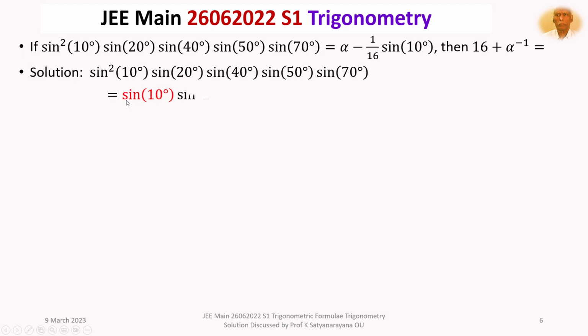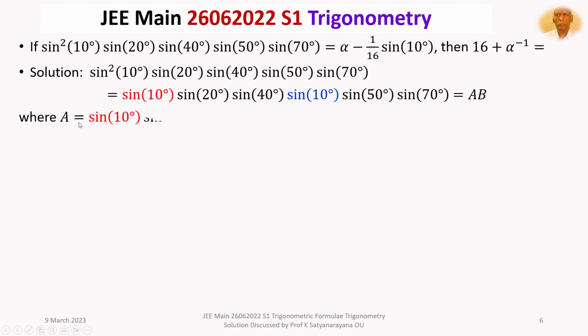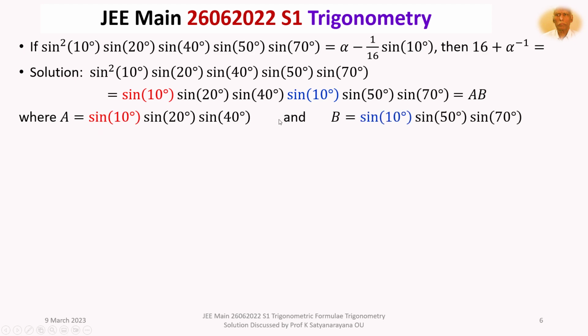So it is sine 10 degrees into sine 20, sine 40, and the one more sine 10 that is left is written here, sine 10 degrees into sine 50 degrees into sine 70 degrees. The product of the first three is A, the product of the latter three is B, where A is sine 10 into sine 20 into sine 40, and B is sine 10 multiplied by sine 50 into sine 70.